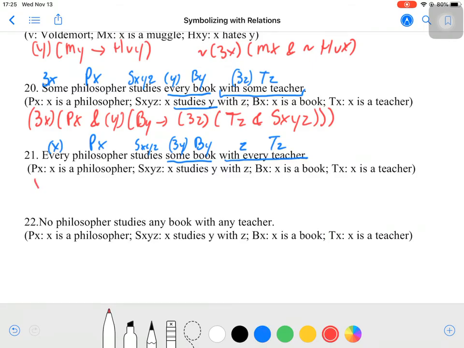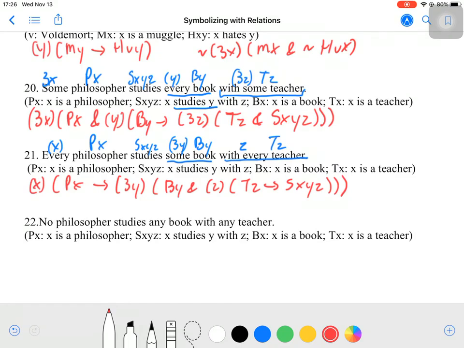Every philosopher, for all of x, if x is a philosopher, then there exists some y, such that y is a book, and for all of z, if z is a teacher, then x studies y with z.